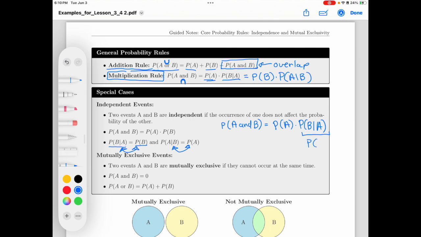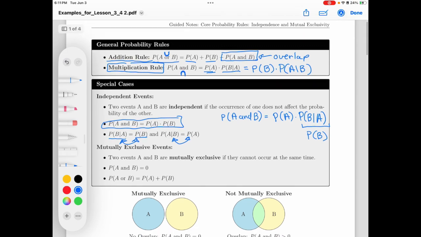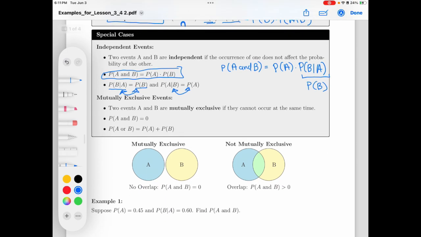If two events are independent, then we know that this is equivalent to the probability of B, because it does not matter if A has happened or not, since the probability of B is not affected. So when two events are independent, you can just write the formula by taking the probability of A times the probability of B, and you don't need to worry about that conditional. But that only works in the special case that you know that A and B are independent.